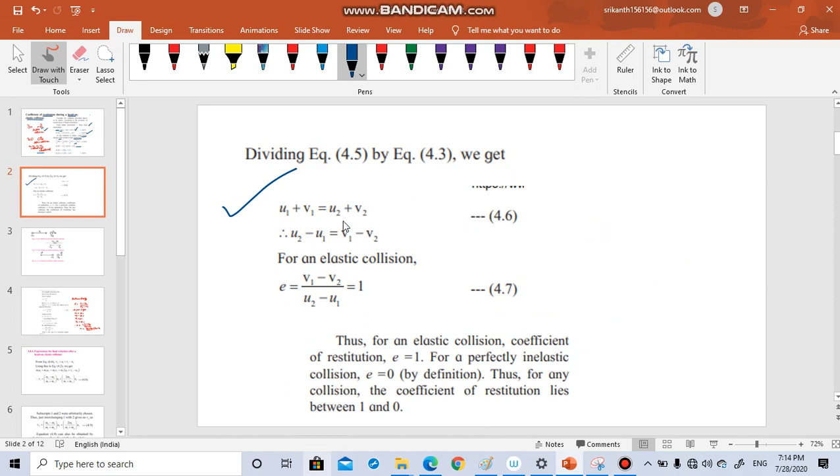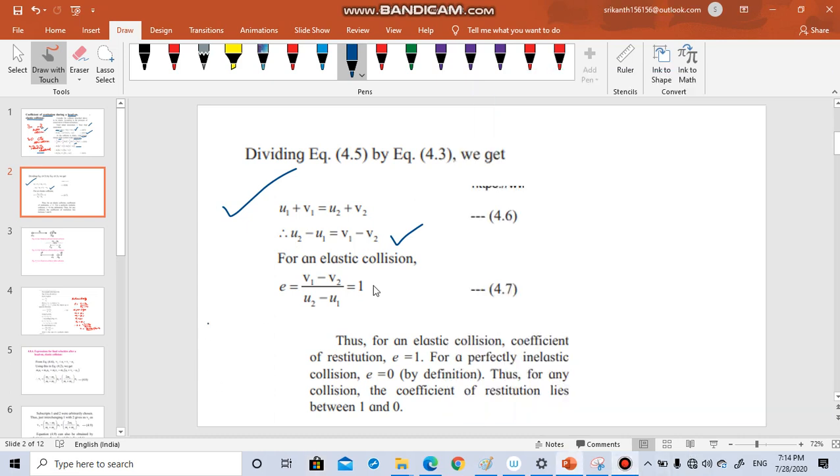Now this is an important point, just remember it. u1 is the initial speed of 1, v1 is the final speed of 1, u2 is the initial speed of 2 and v2 is the final speed of 2. You can remember this as a result; often it helps. From this equation you can write u2 minus u1 is equal to v1 minus v2.